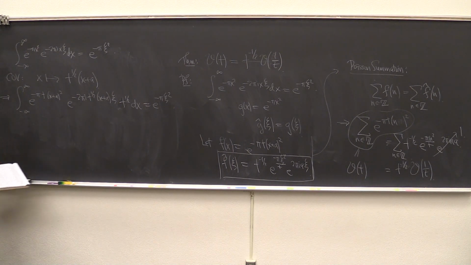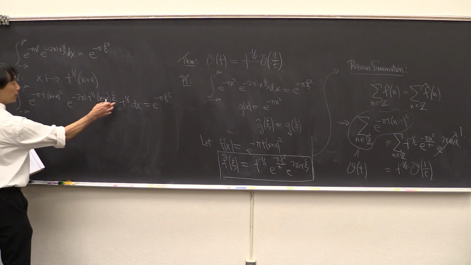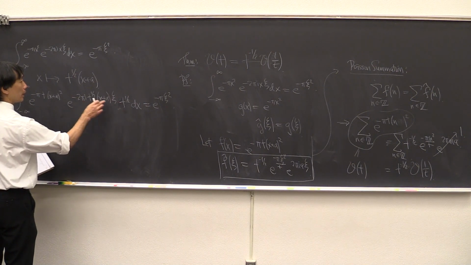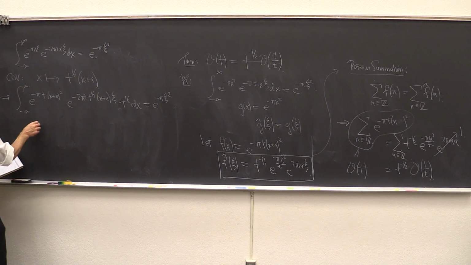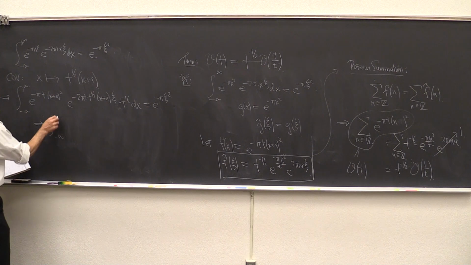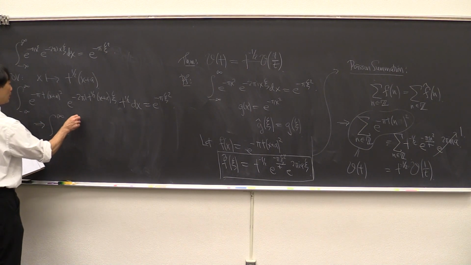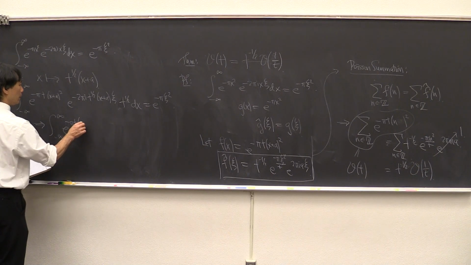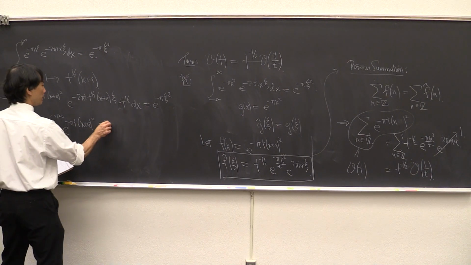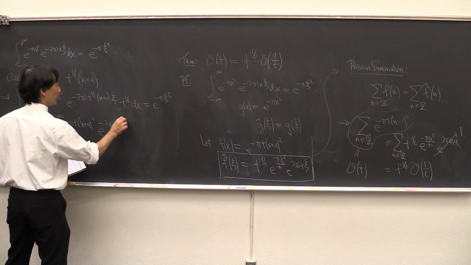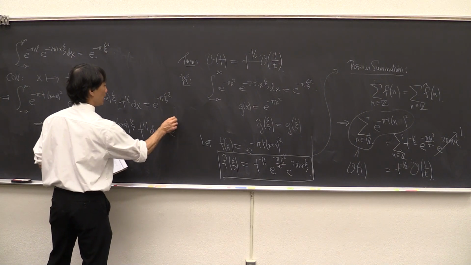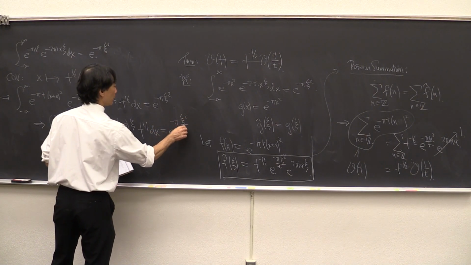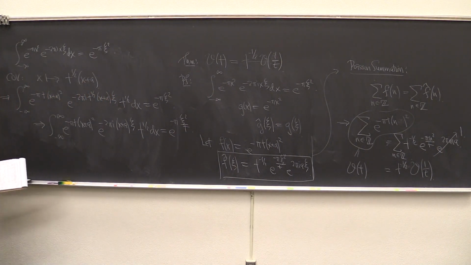So just substituting, and then we evaluate it at c over the square root of t. So we get the integral of e to the negative pi (t x plus a) squared, e to the negative 2 pi i (x plus a) c t to the 1/2 dx equals e to the negative pi c squared over t.